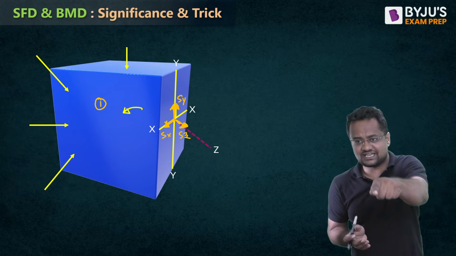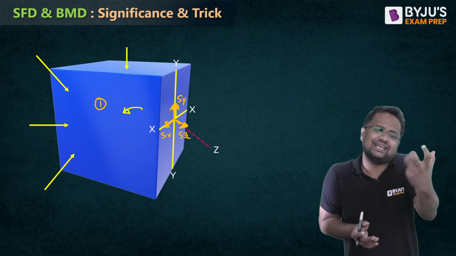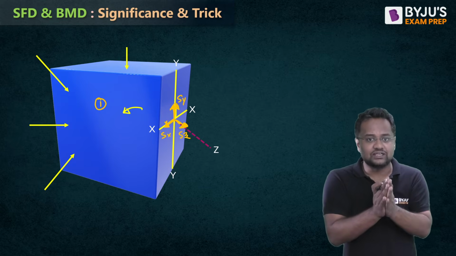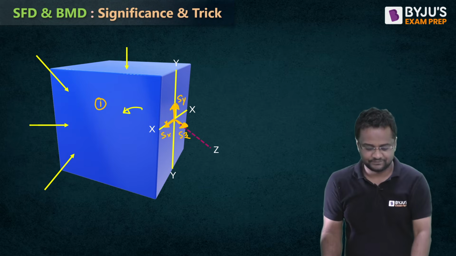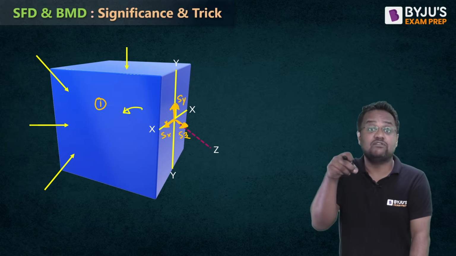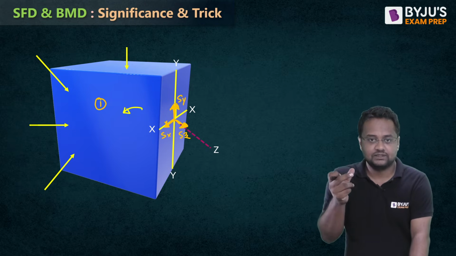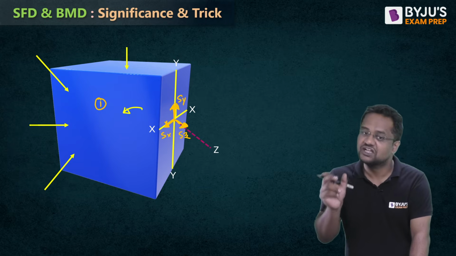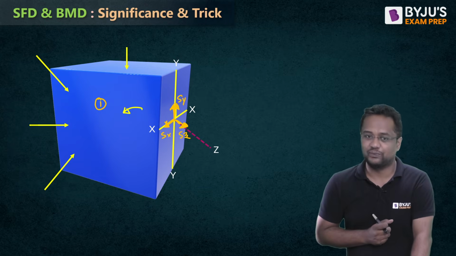Suppose only loading in x direction is coming, so only Sx is coming, Sy and Sz will be 0. Right now I am telling you for the most general case, Sx, Sy, Sz, all internal forces will be coming, in such a way that the net force will be 0 for this part. If the whole body is in equilibrium, the small part is also in equilibrium.